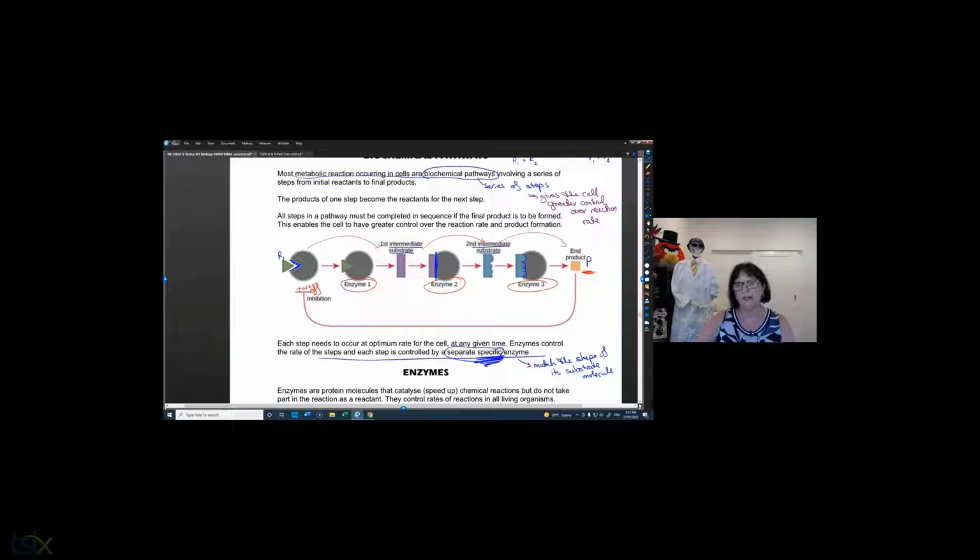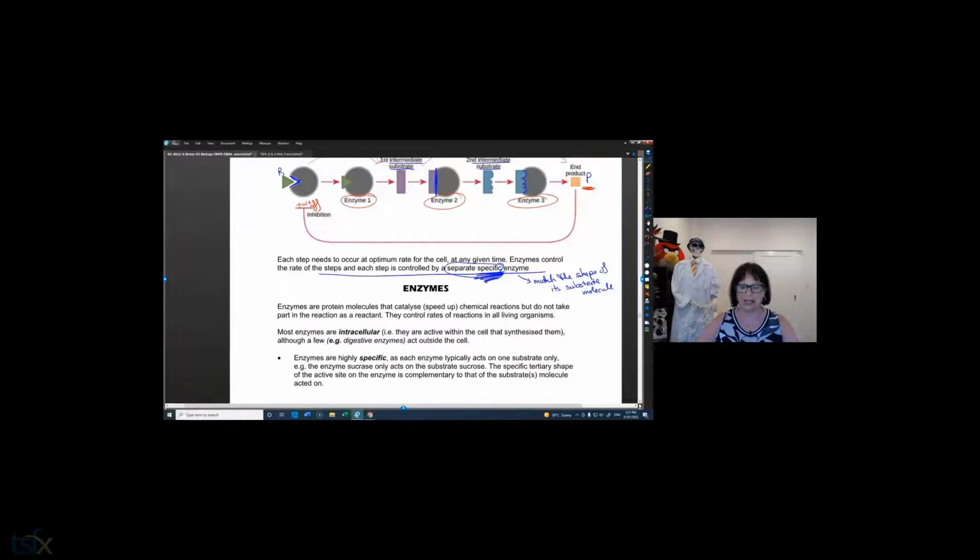So if we're talking about shapes, there's one molecule we know, it's all about shape. And that is because enzymes are proteins. So the first question often asked is, what is an enzyme? And the first statement you make is enzymes are proteins. But they're not just any protein.